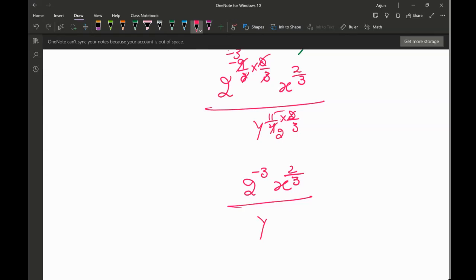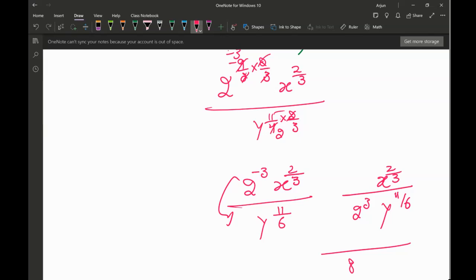Well, I can reduce them, so 11 over 6, and this will go on the bottom. I can write 2 to the power of 3, y to the power of 11 over 6, x to the power of 2 over 3, and that is my final answer: y to the power of 11 over 6, x to the power of 2 over 3. That will be my final answer.